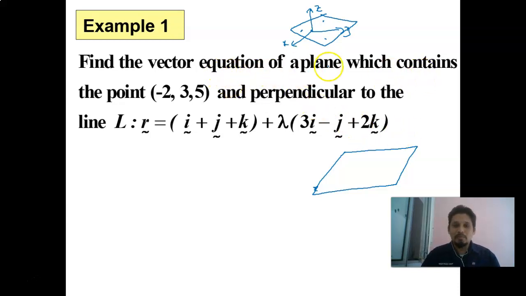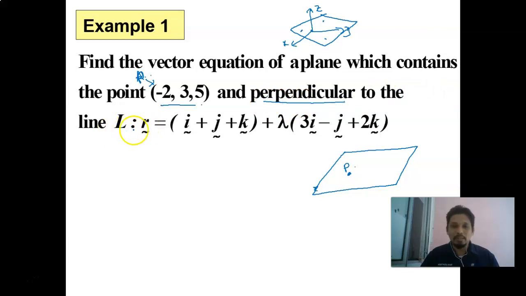Find the vector equation of the plane which contains the point -2, 3, and 5. If I put this as the coordinate of P, and then perpendicular, which means it forms a 90 degree angle to the line.